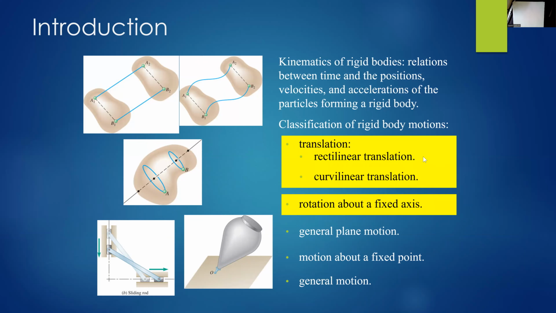This is a repeat of the past slide, and I probably got ahead of myself. But this was just talking about what we've done so far, and this is what we're going to focus on today. General plane motion, motion about a fixed point, and general motion will come in future lectures.